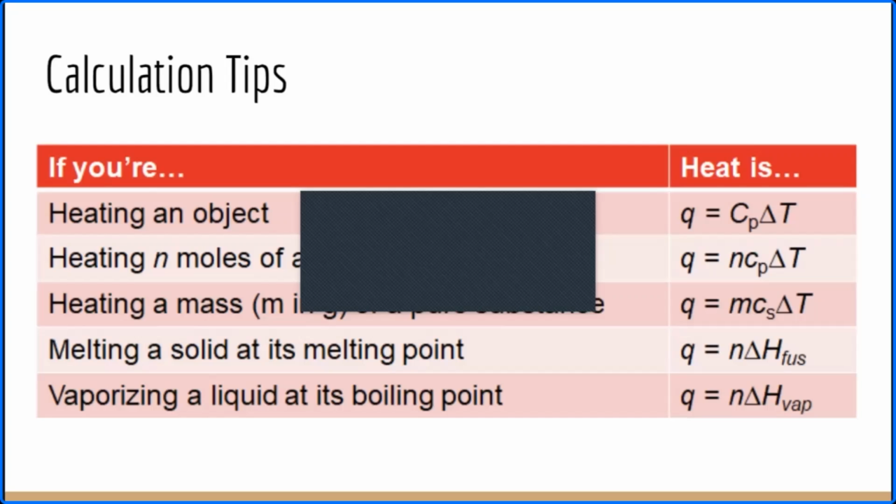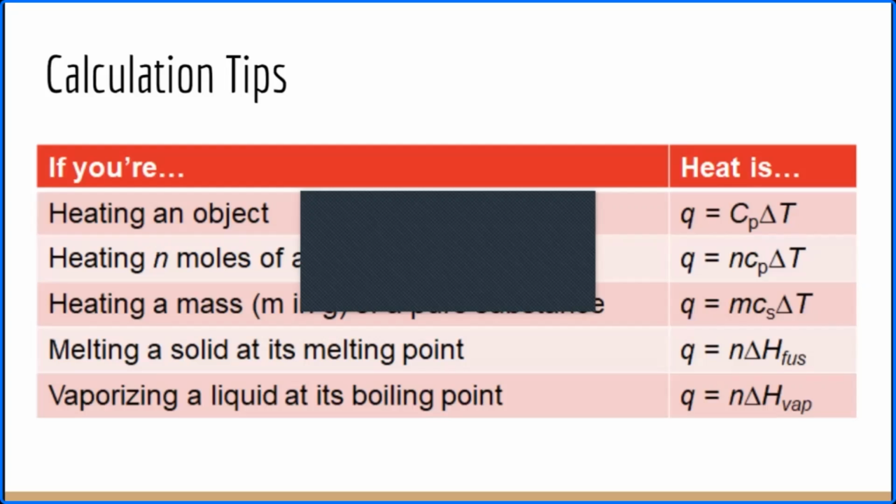When we're heating a specific number of moles, we're obviously going to use the molar heat capacity because we have that number. When we're heating a mass, we first of all want to always make sure that's in grams. Then we're going to use the specific heat capacity.